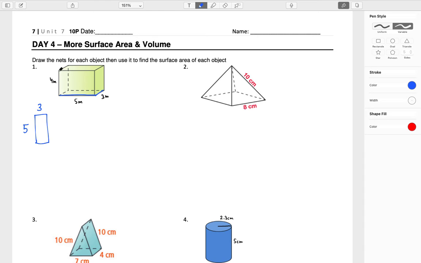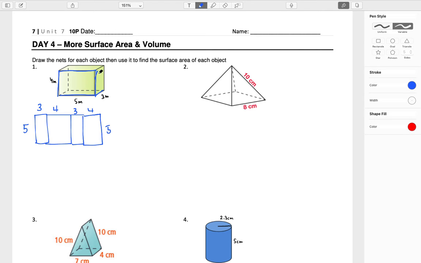And then right beside it, we have the side rectangle, which is 5 and 4. So this is 4, a little bit longer, and this is 5 again. And then next we have 3, and lastly we have 4, and this is also 5.